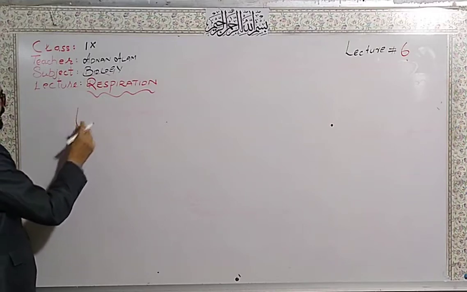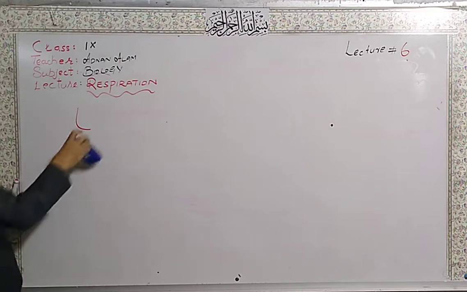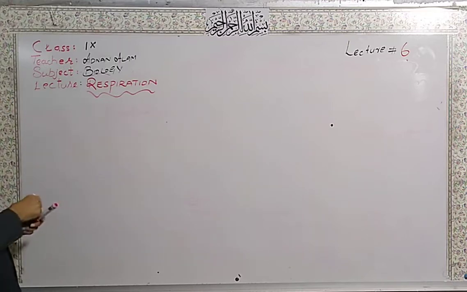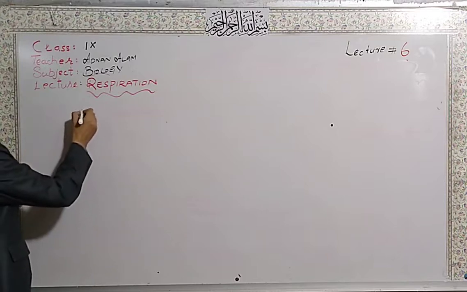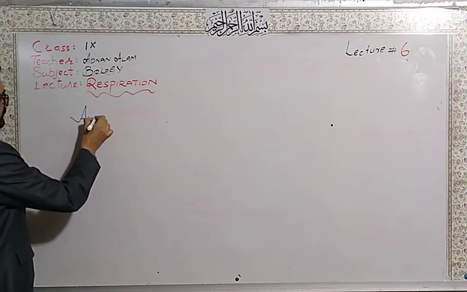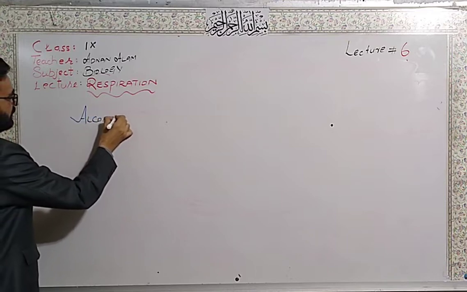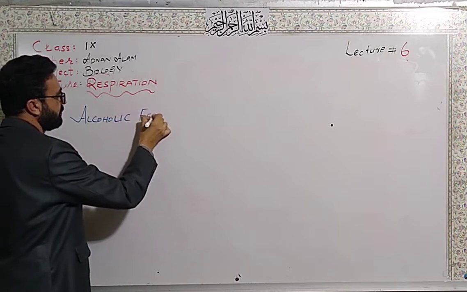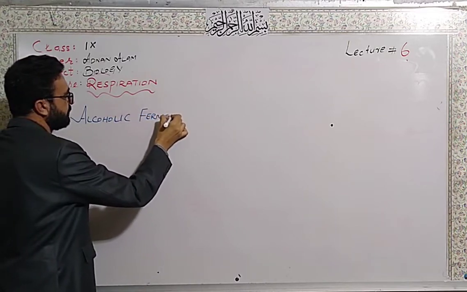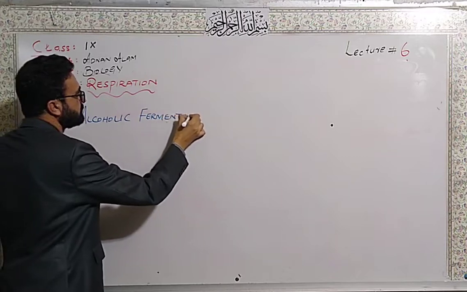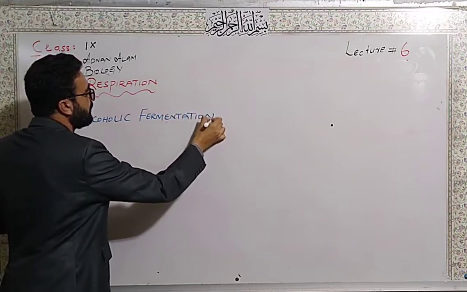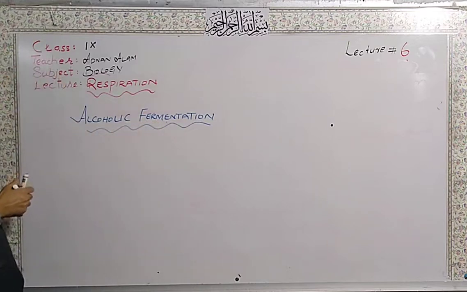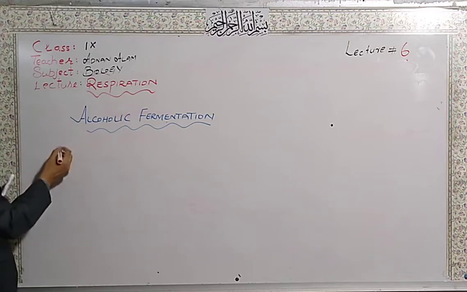First is alcoholic fermentation. In alcoholic fermentation, ethyl alcohol and carbon dioxide are released, but let me tell you in detail.